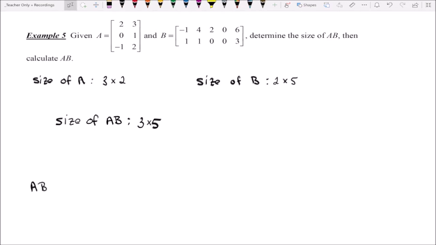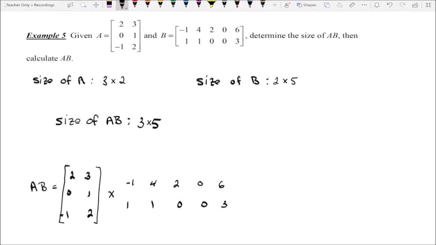So A times B. We're going to have 2, 3, 0, 1, negative 1, 2, times negative 1, 4, 2, 0, 6, 1, 1, 0, 0, 3.